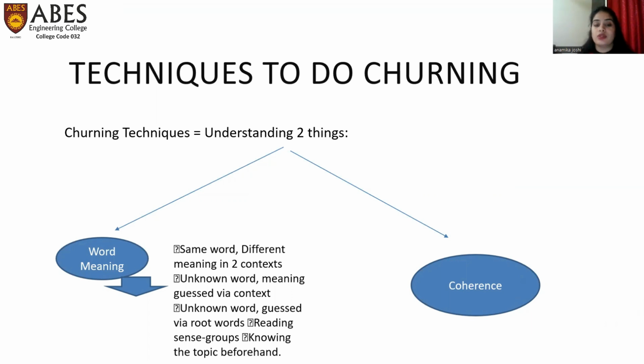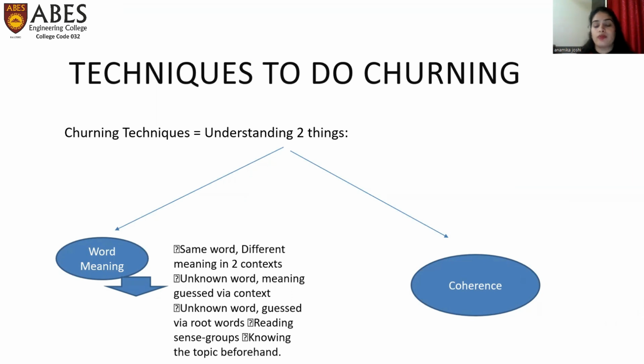We can understand certain unknown words via root words, that is, how the word is formed, using a prefix, a suffix, or by clipping something. We have already done the different types of word formation processes in earlier classes.